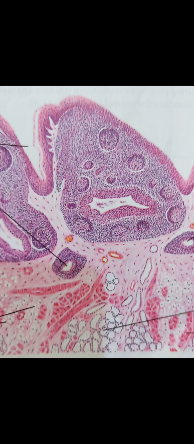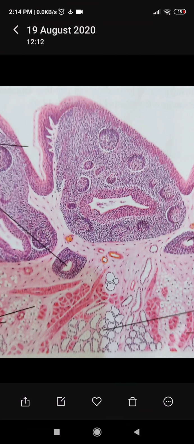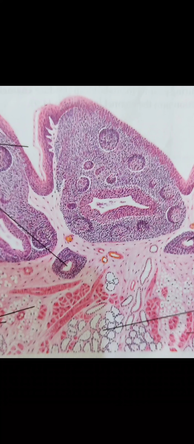Dense lymphatic infiltration surrounds the individual lymphatic nodules. You can see these are the individual lymphatic nodules, and a dense infiltrate of lymphocytes is present around them. So this is the posterior 1/3 of the tongue.